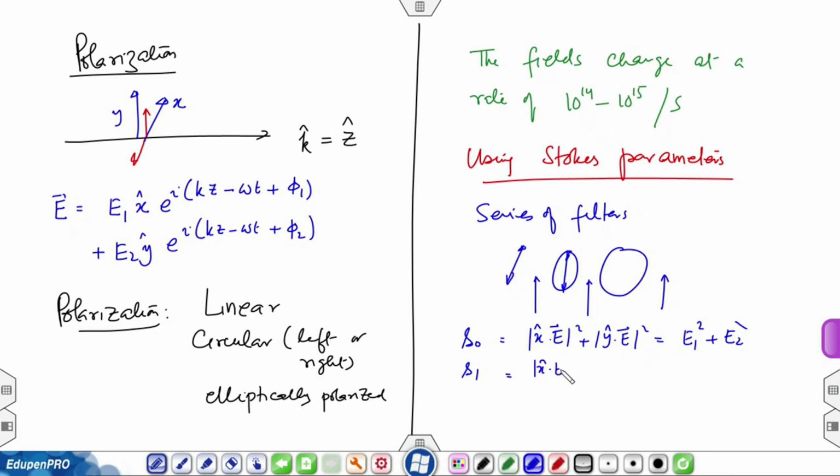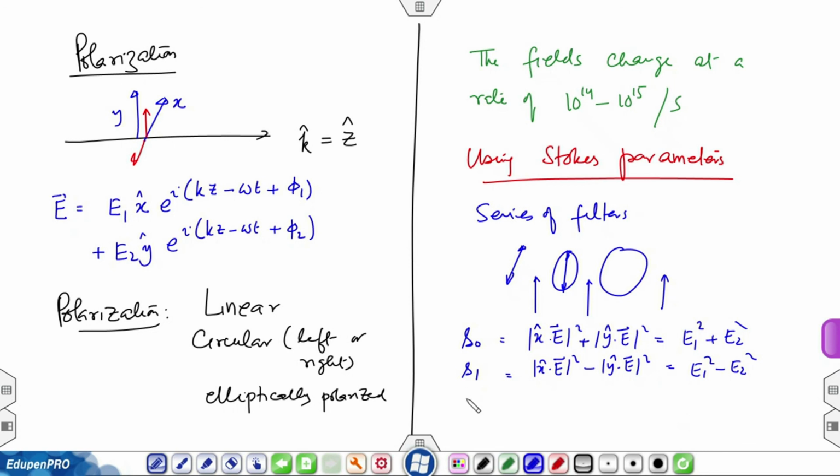So, x dot E square minus y dot E square, which is equal to E 1 square minus E 2 square. So, with these two I can determine the amplitude in one direction and the amplitude in the other. I am yet to find the relative phase, phi 1 minus phi 2, that will give me whether it is circularly polarized, elliptically polarized and so on.